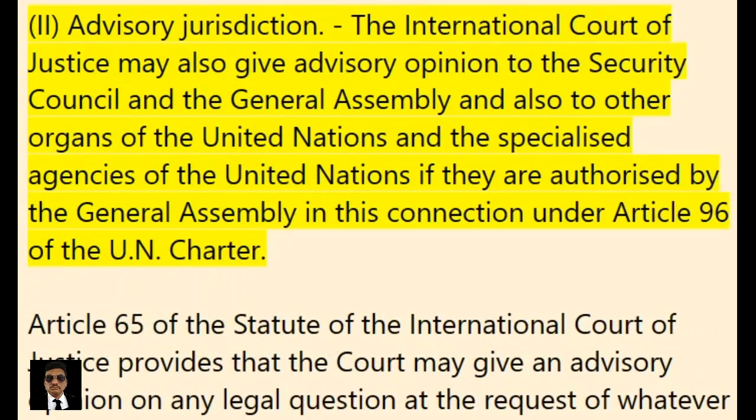2. Advisory jurisdiction. The International Court of Justice may also give advisory opinion to the Security Council and the General Assembly and also to other organs of the United Nations and the specialized agencies of the United Nations if they are authorized by the General Assembly in this connection under Article 96 of the UN Charter.